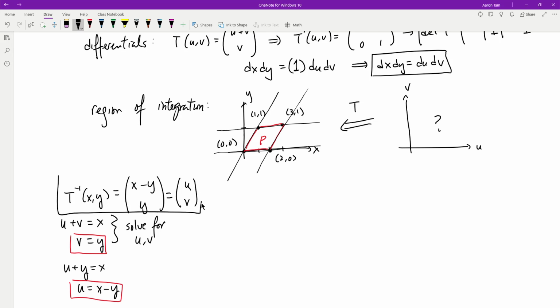So that's my inverse function. Now I have a way to go from xy to uv, so that I can use the regions that we know in xy and map them into uv.